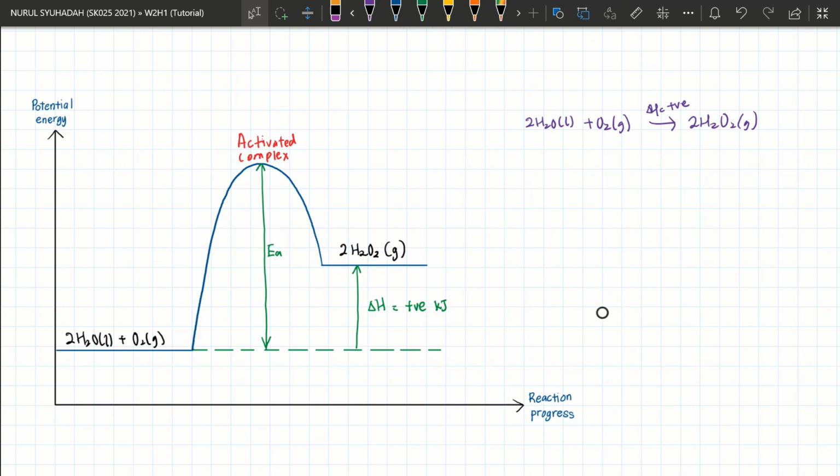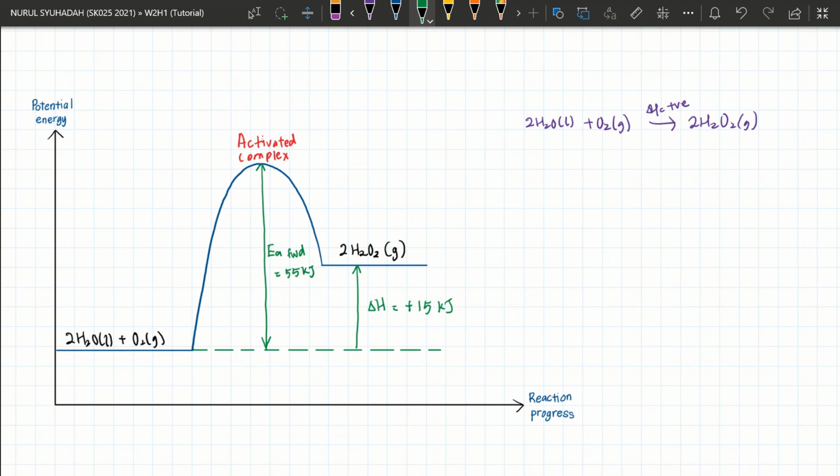Let me put some values over here for our EA and our delta H. I have my delta H as positive 15 kilojoules, and my activation energy, which I will label as EA forward, as 55 kilojoules.